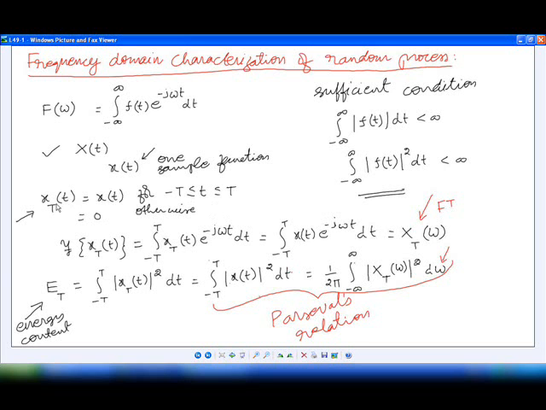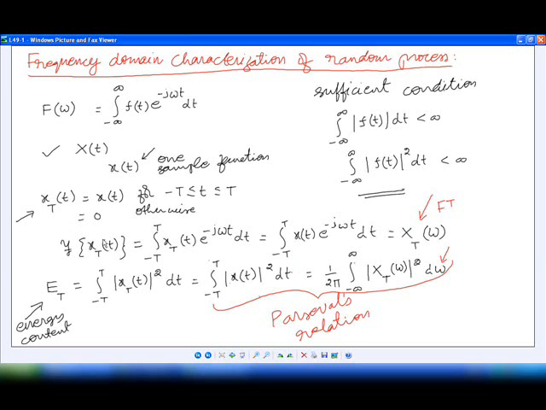The subscript T indicates we are truncating to minus T to plus T, and it is 0 otherwise.